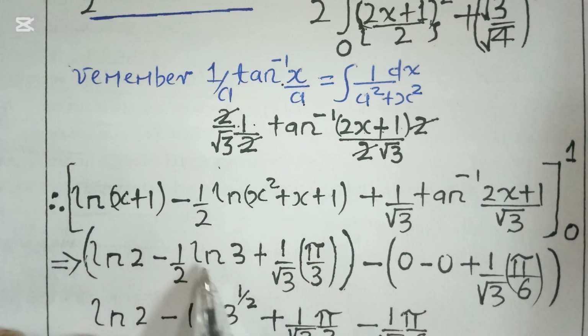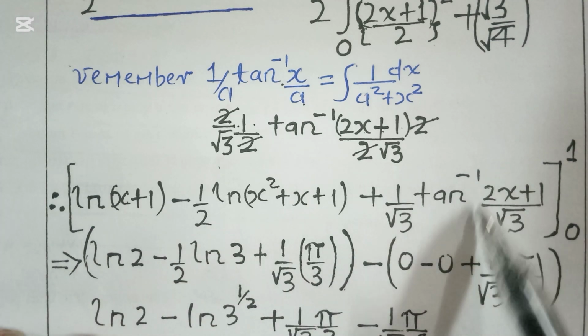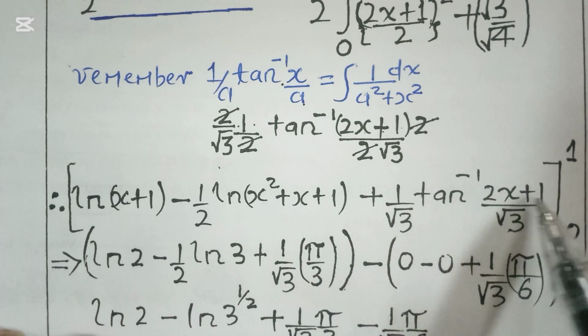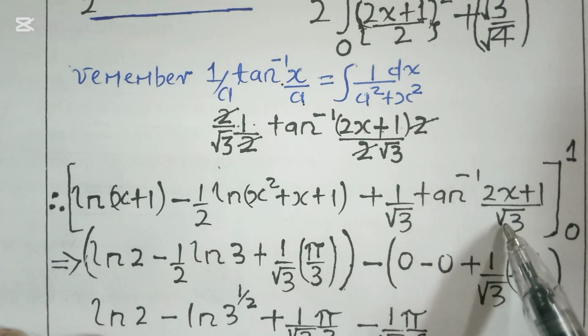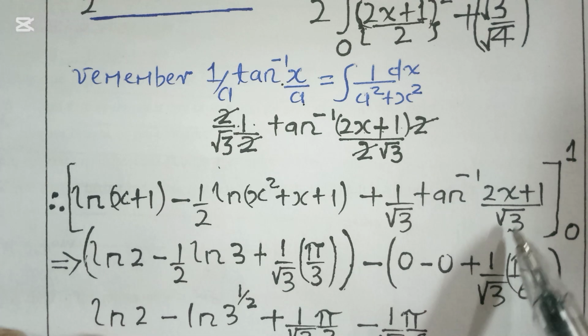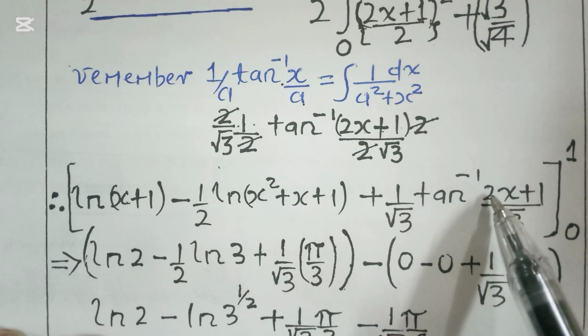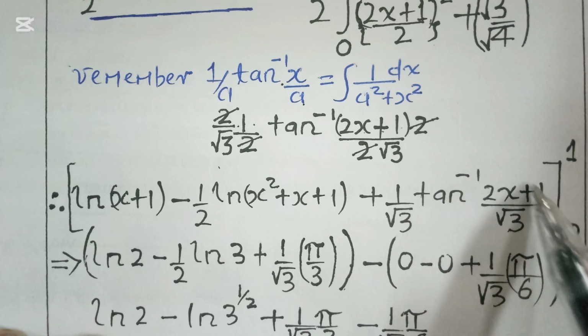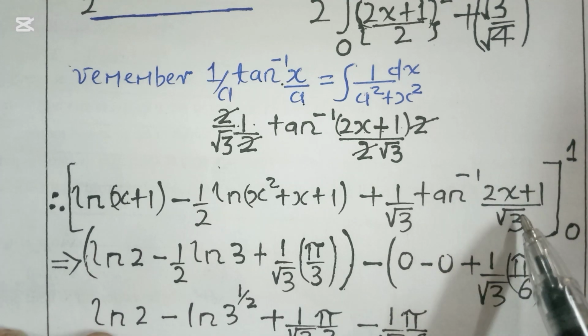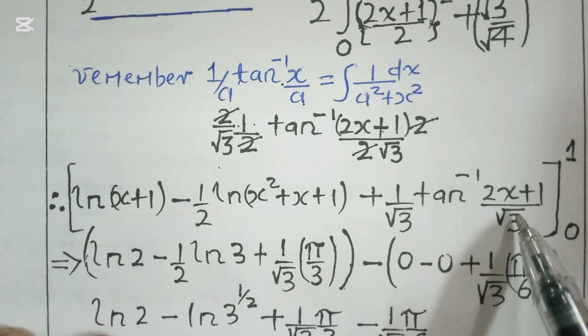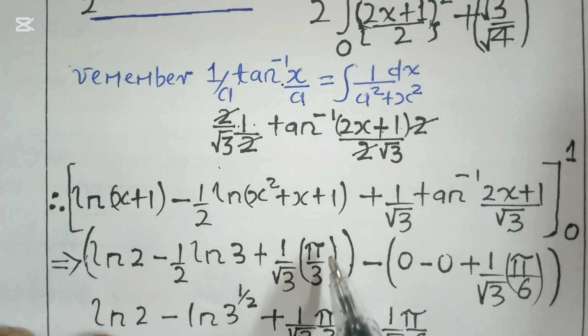So it's a half natural log of 3 plus, when we put 1 here, guys, we are going to have 2 plus 1, which is 3. 3 divided by square root of 3, that one comes to square root of 3. Guys, if you look for the tan inverse of square root of 3, we are going to get an angle of 60. And an angle of 60 in terms of radians is pi all over 3. So guys, we put it there.